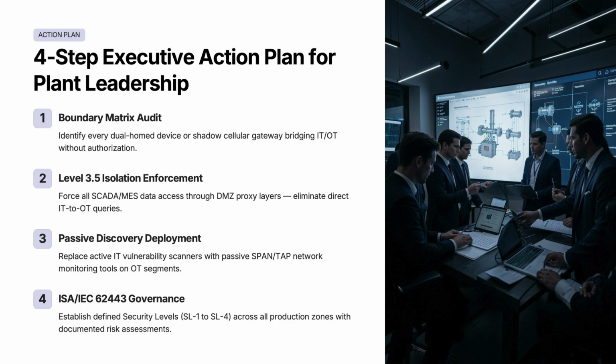Replace them with passive network TAP/SPAN monitoring tools that discover assets without sending a single active packet to a PLC. Fourth, establish ISA IEC 62443 governance. Define clear target security levels SL1 through SL4 for every operational zone across your facility.